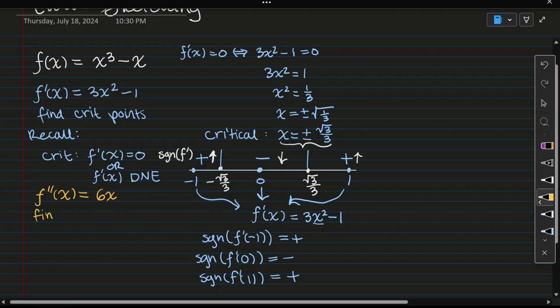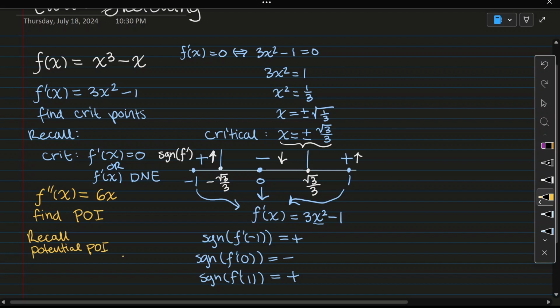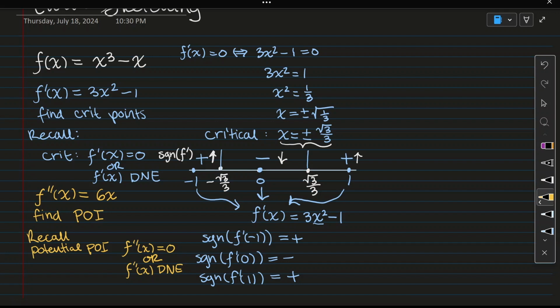Next I need to find the points of inflection. Remember, my potential points of inflection are when f double prime of x equals 0 or f double prime of x does not exist, and whatever values make this true are in the original domain of the function.